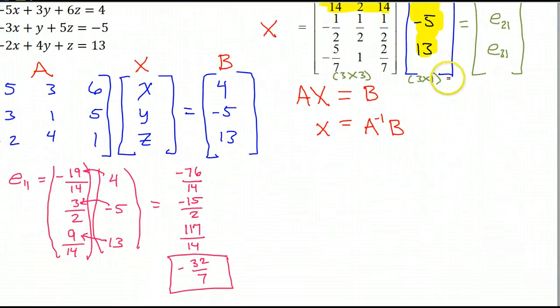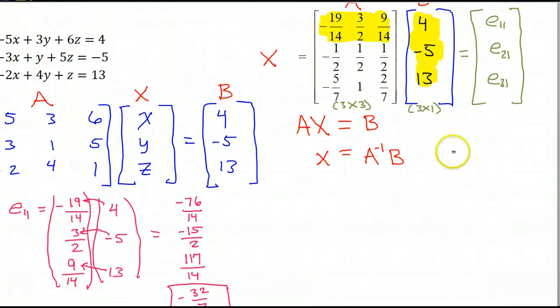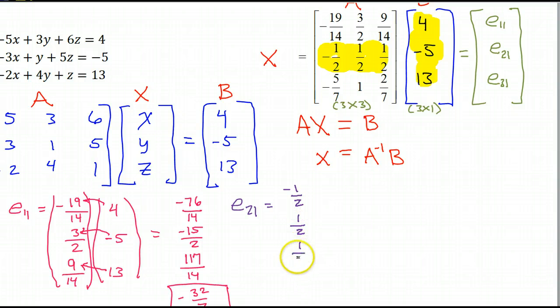Now all we have to do is do that a couple more times. So now let's find element 2, 1. That's row 2, column 1. So there's row 2. What I'm going to have is negative 1/2, 1/2, and 1/2.